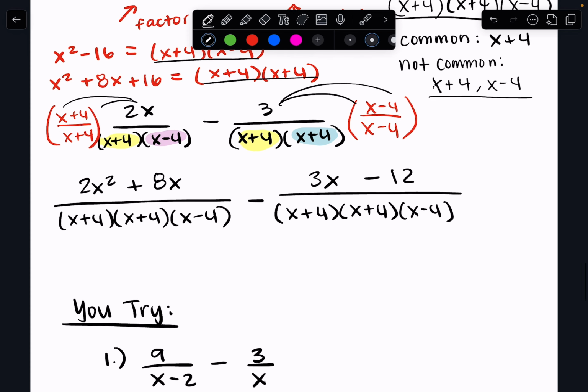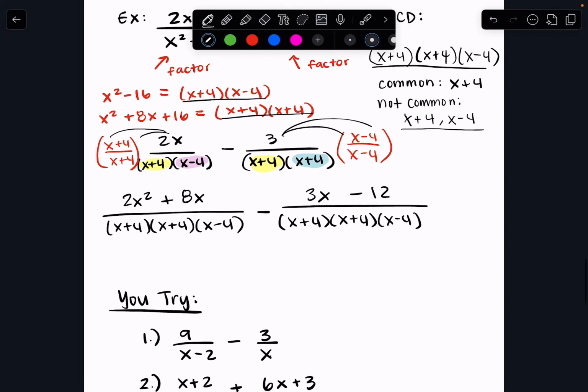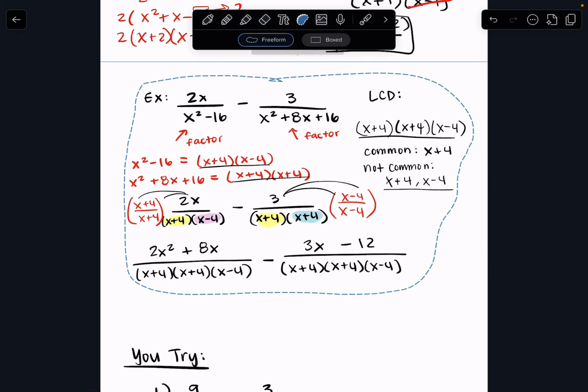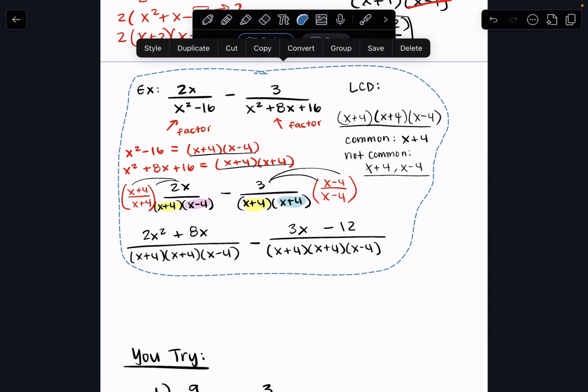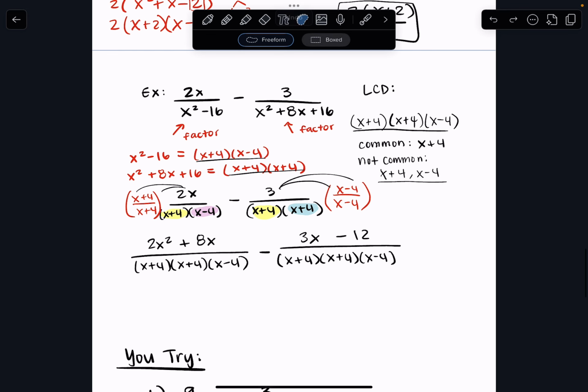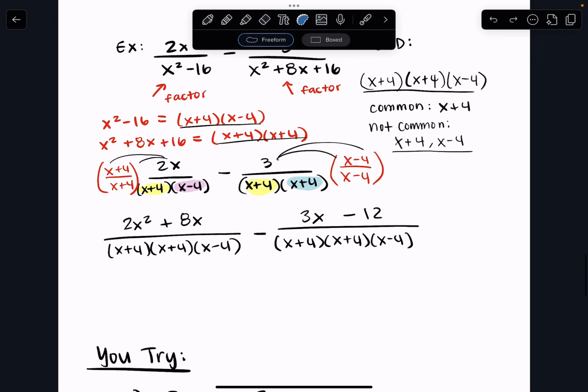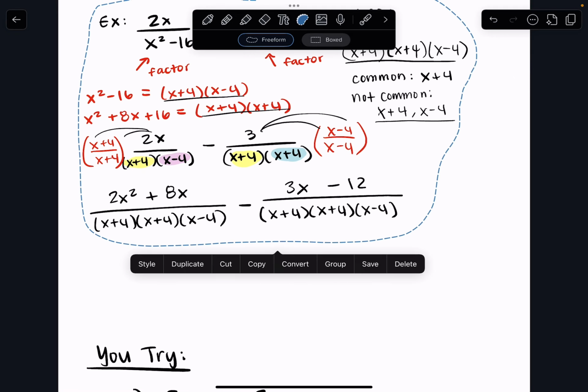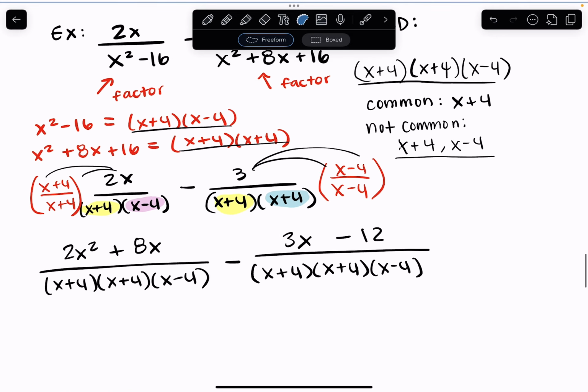All right, let me move these real quick. I don't have enough room, so let me move this up a little bit. Okay. So we're going to go ahead and just combine the top.